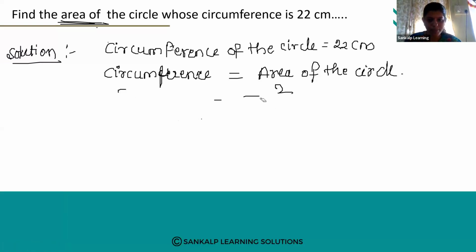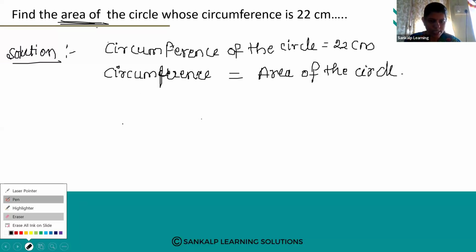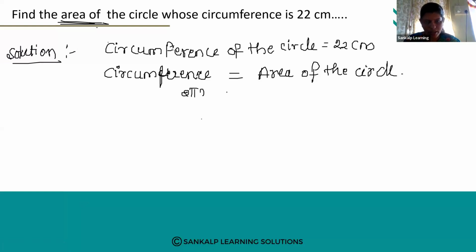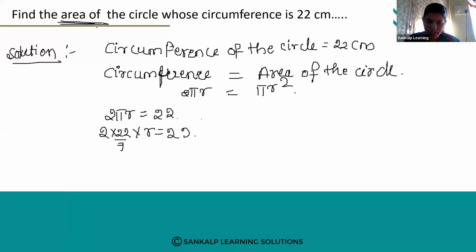I will solve this once again. Circumference formula is 2 pi r. Area of the circle is pi r square. So 2 pi r is equal to the circumference they have given, 22. So 2 into 22 divided by 7, pi value is 22 divided by 7, r we have to calculate, is equal to 22.